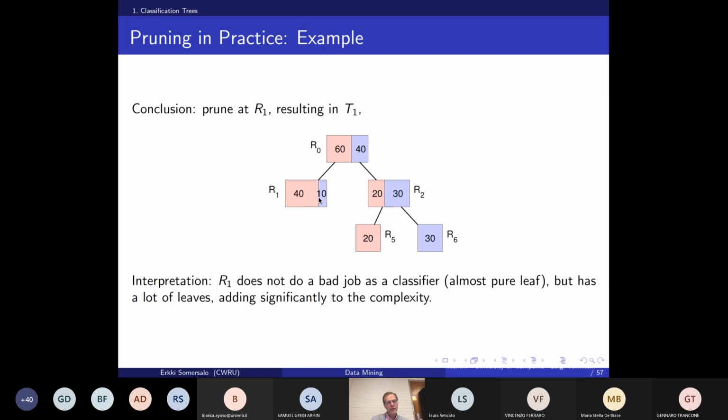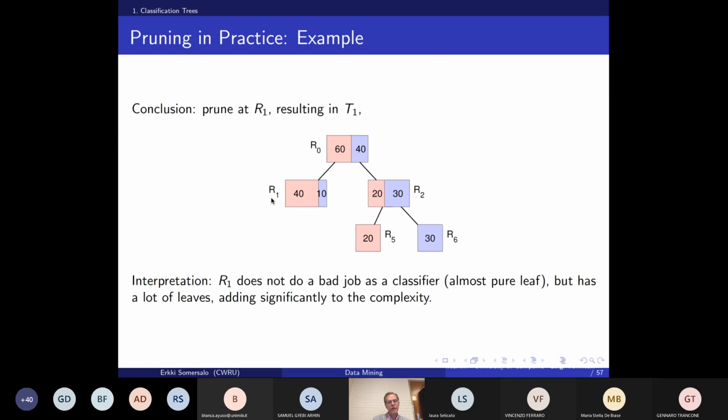The misclassification rate of R1 is not large because it is almost a pure leaf, but not quite. There are like 80% of points in one class and 20% in the other. So R1 is intuitively a very natural place to prune because you are not increasing the misclassification of this tree so much, but you decrease a lot the complexity when you prune from there.